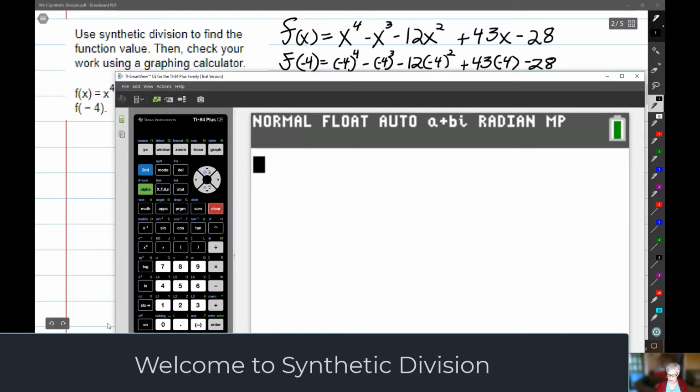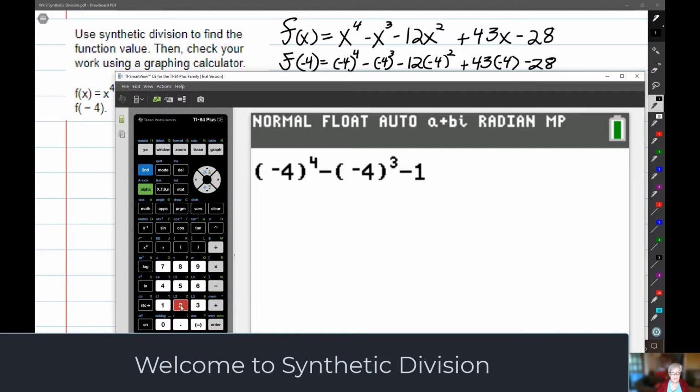So parentheses, -4, parentheses closed, caret 4, come down or close parentheses, and then minus, not negative, minus x to the 3rd, which is going to be parentheses -4, parentheses closed, caret 3, come down.